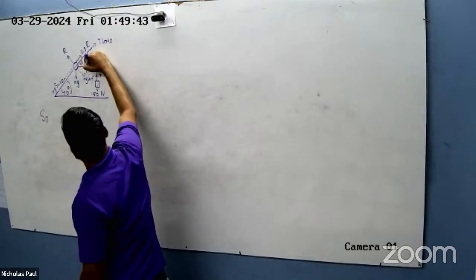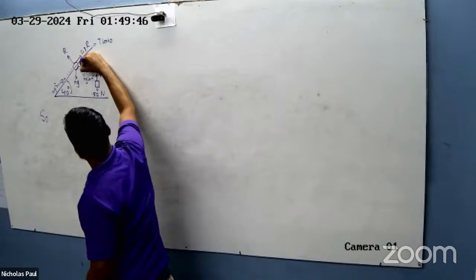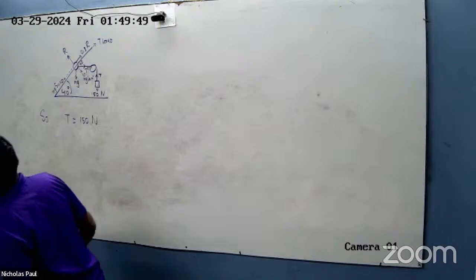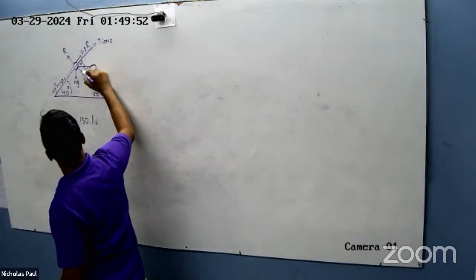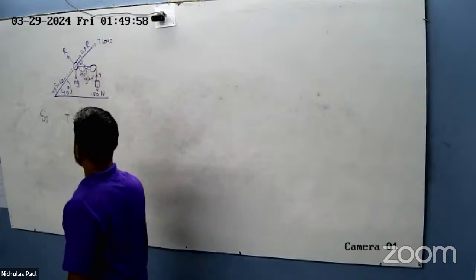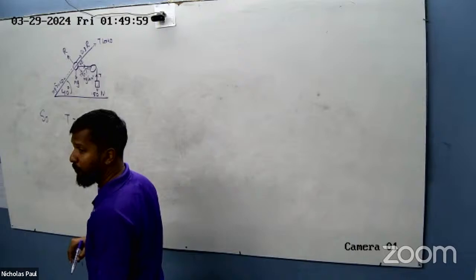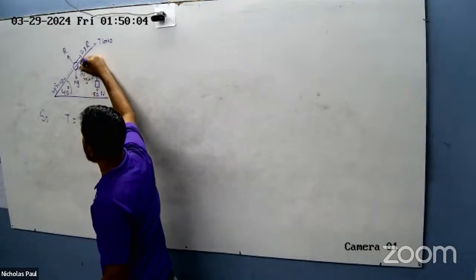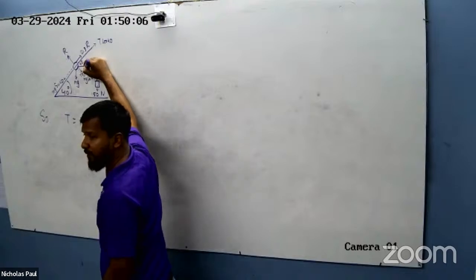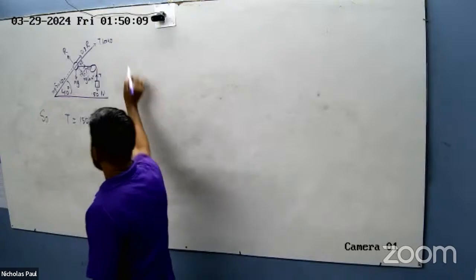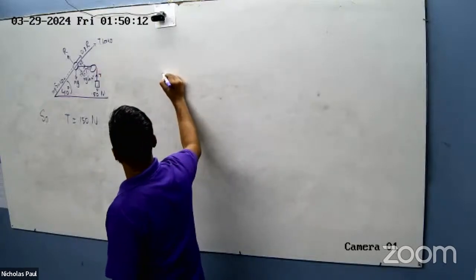And the perpendicular component acting here is T sin 40. If you use 50, then you will get T cos 50, and cos 50 is the same as sin 40. It might look a little confusing there.